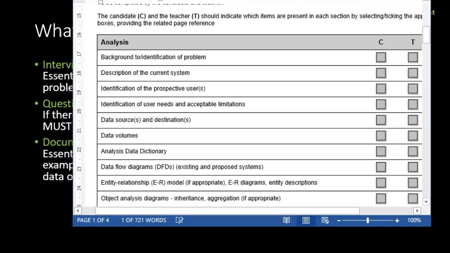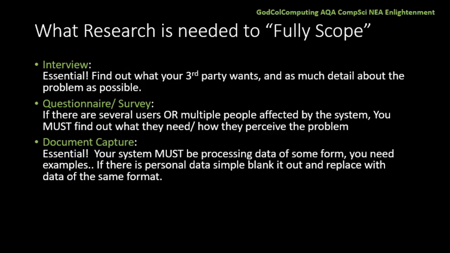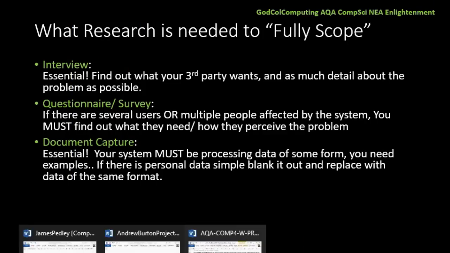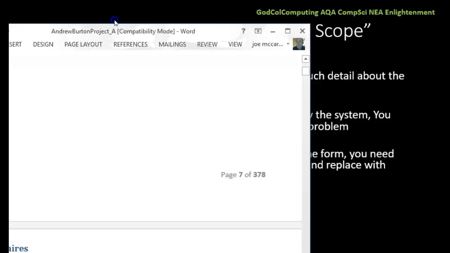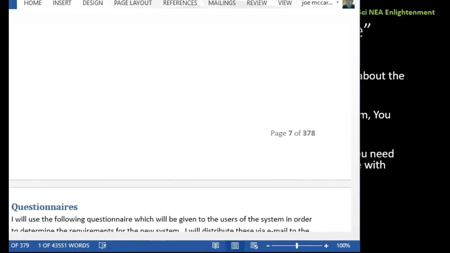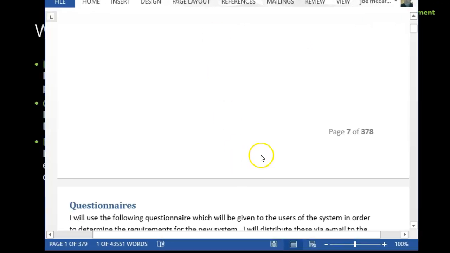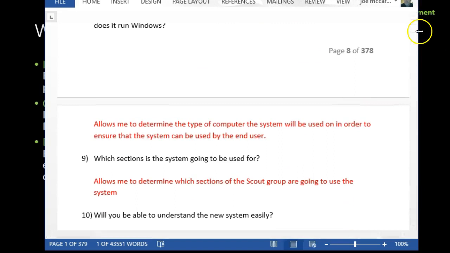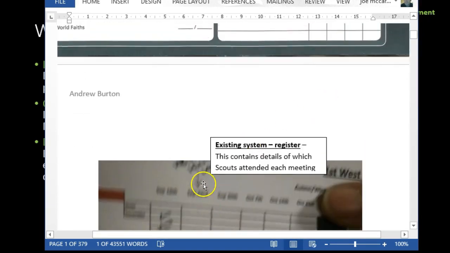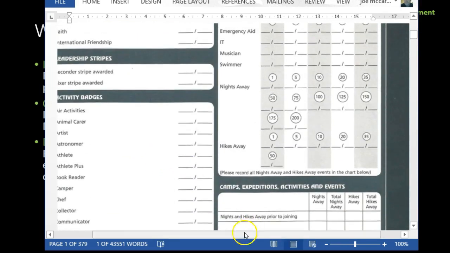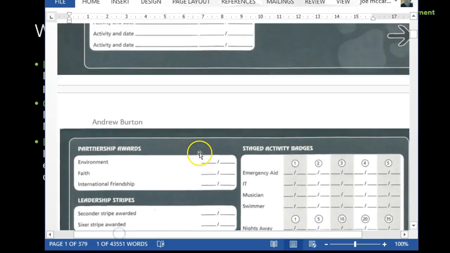It might be, oops, that's the wrong thing. Here we go. Sorry about that.